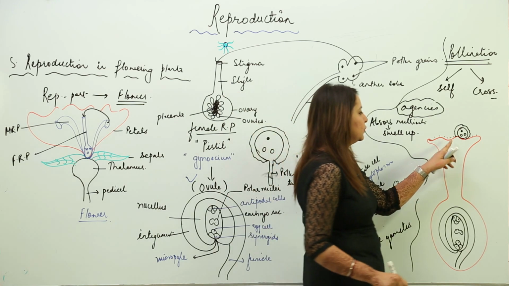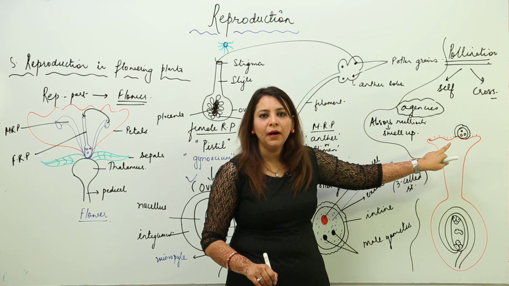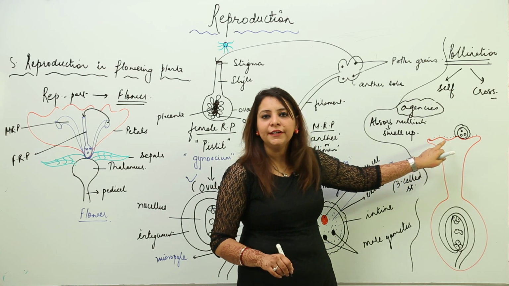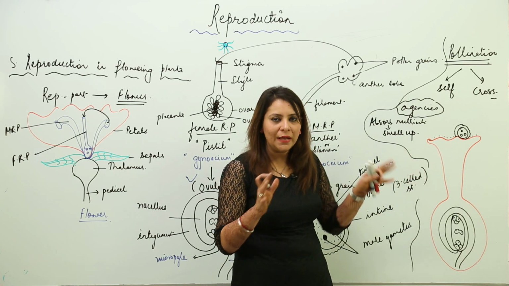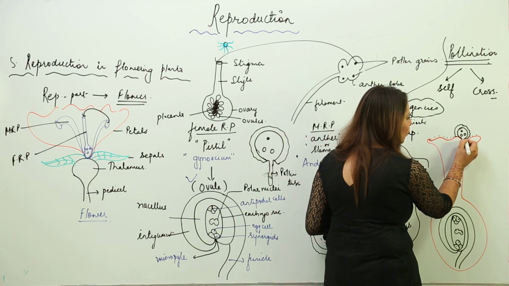So again, the pollen grain gets deposited on the stigma through any agency. Here are certain nutrients, it absorbs those nutrients, swells up. As a result, its exine ruptures and the intine forms a pollen tube.